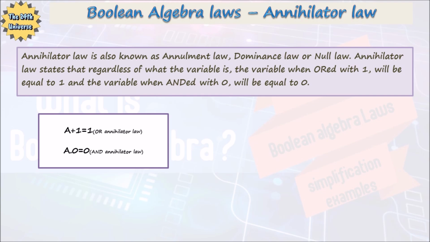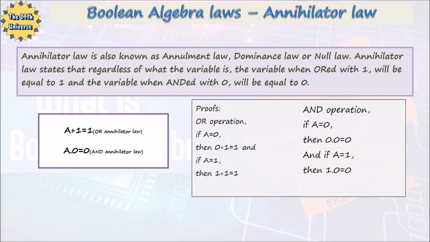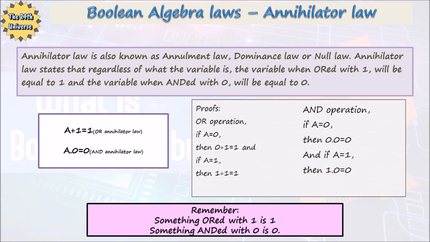Annihilator law states that regardless of what the variable is, the variable when ORed with 1 will be equal to 1, and the variable when ANDed with 0 will be equal to 0. This can be proved like this. Remember, here something ORed with 1 is 1 and something ANDed with 0 is 0.